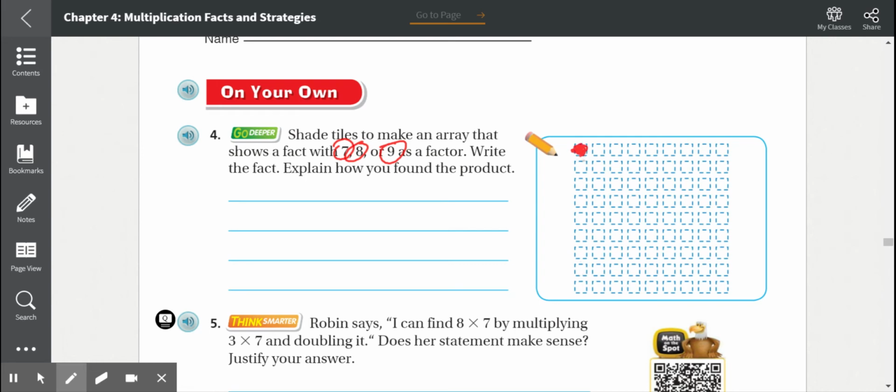1, 2, 3, 4, 5, 6, 7. And then we can pick our other factors. So we're going to have 7 times, why don't we do 6? So we have got the first one, 1, 2, 3, 4, 5, 6.